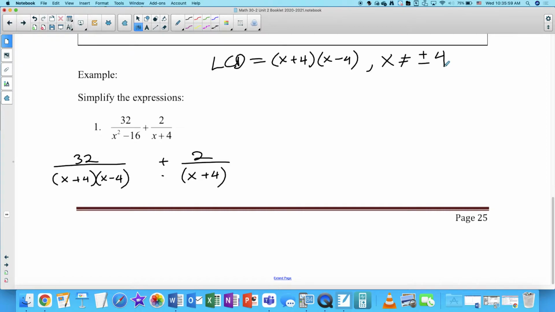Now we have to think about multiplying either one or both rational expressions by some nice version of 1 that allows us to get our common denominator. This one already uses the common denominator. What factor is missing from this denominator? x minus 4. So here I need to multiply this one by x minus 4 over x minus 4.